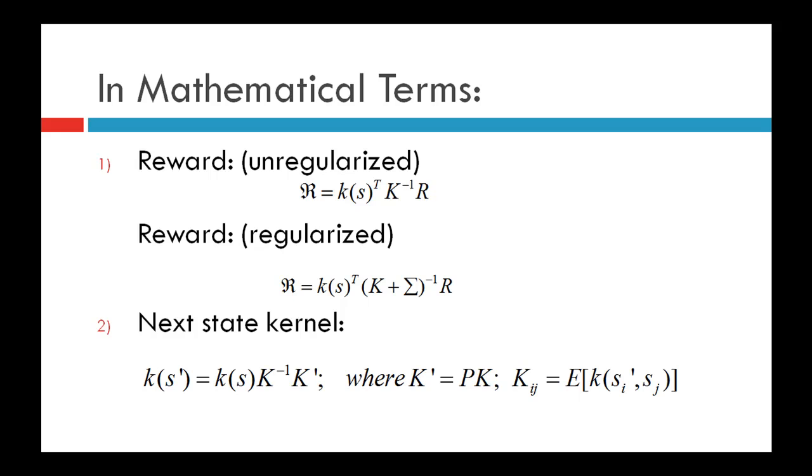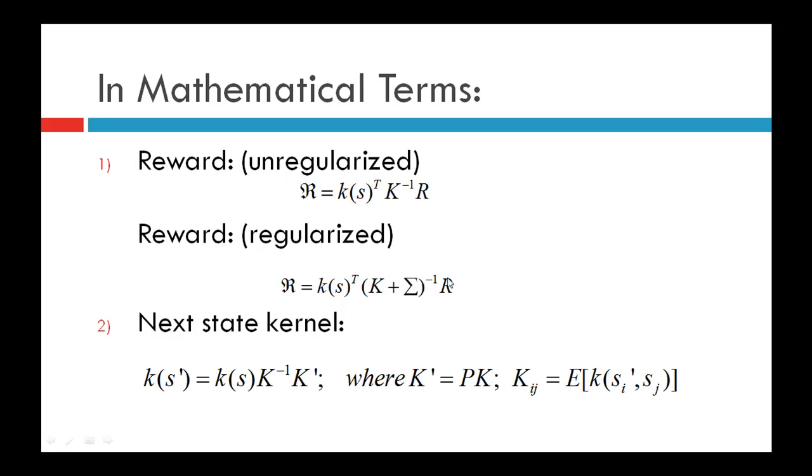So the expected reward for a state S is given by k of S transpose times k inverse times R for the unregularized regression model, and for the regularization case it is k of S transpose (K plus sigma) inverse R, where again S can be interpreted as the input and R as the outcome or the target value.